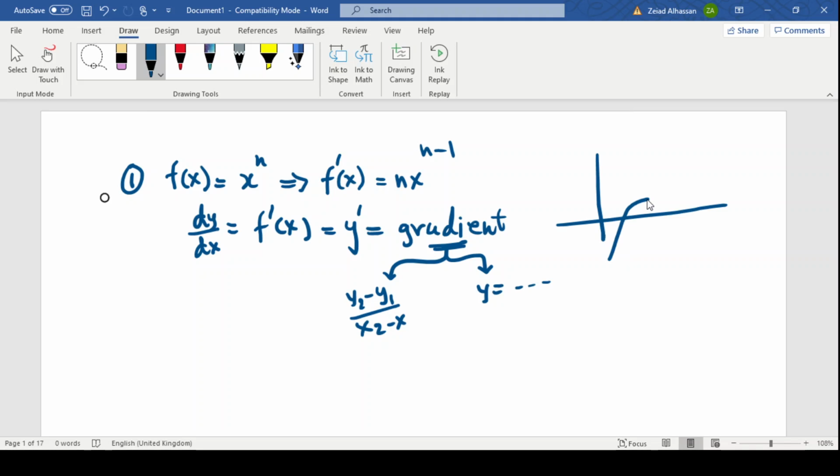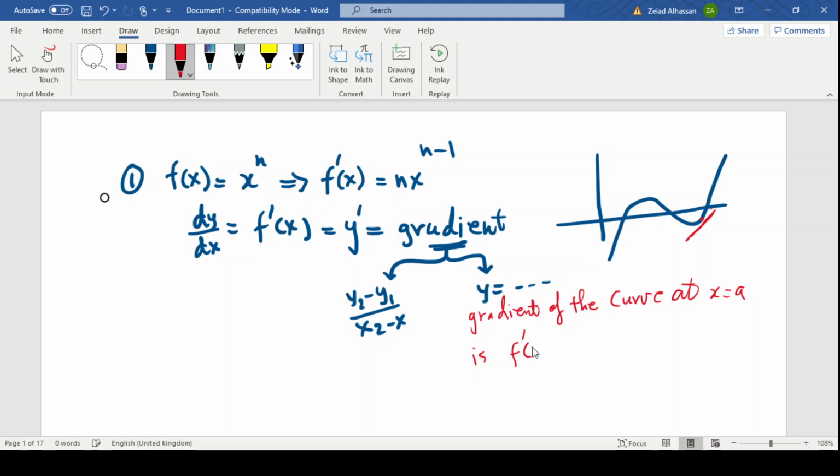Let's say that this is a curve and there is a tangent somewhere to f(x), touching it. So we say the gradient of the curve, نكتبها gradient of the curve at x equals something, a let's say, is the differentiation of the function at that a.